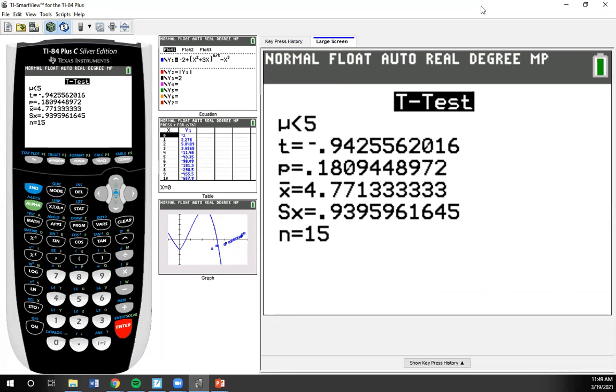So in other words, the calculator will do the degrees of freedom stuff for you. But for the grading of step 3, one of the things they're going to be looking for is that you listed the degrees of freedom. Okay, sounds good. Thank you. So you'll need to say degrees of freedom is 15 minus 1, which is 14.